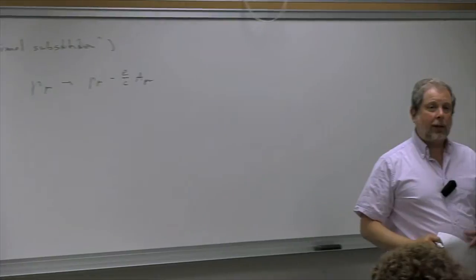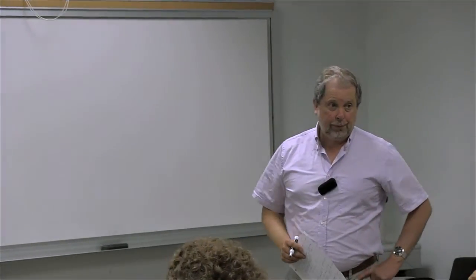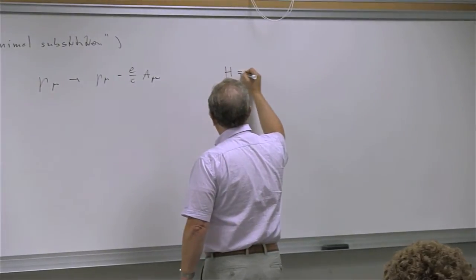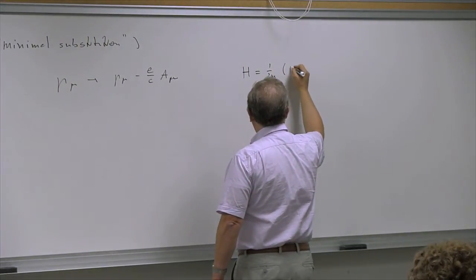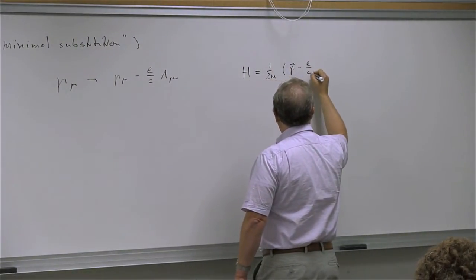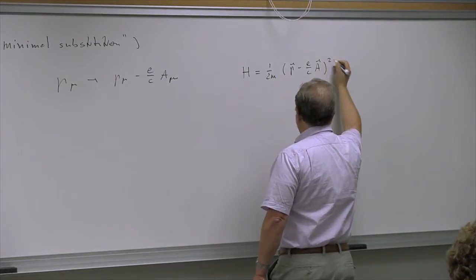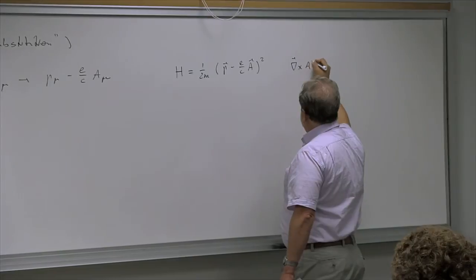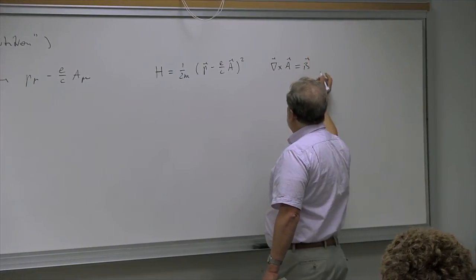For example, if you have a particle in a magnetic field, that is what you do. Remember that the Hamiltonian for a particle in a magnetic field is 1 over 2m, the non-relativistic one, times p minus E over C times A, squared, where the curl of A is equal to your B field, right?